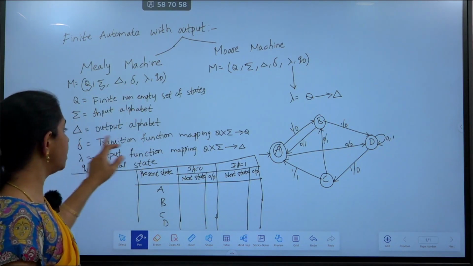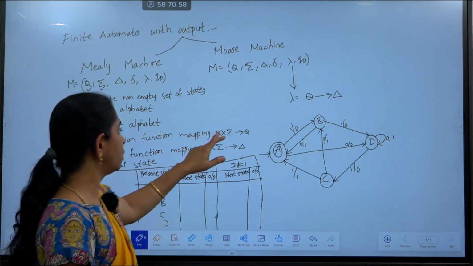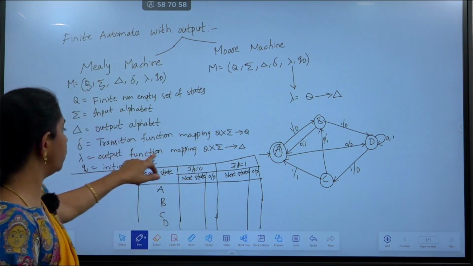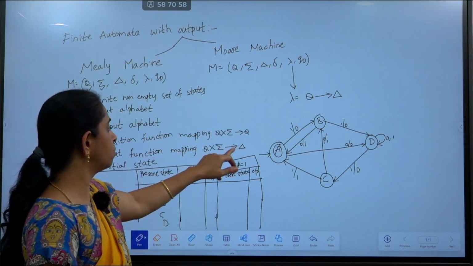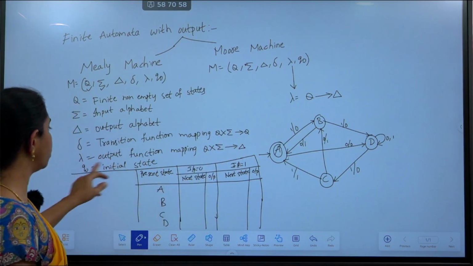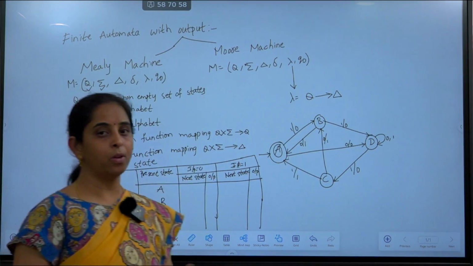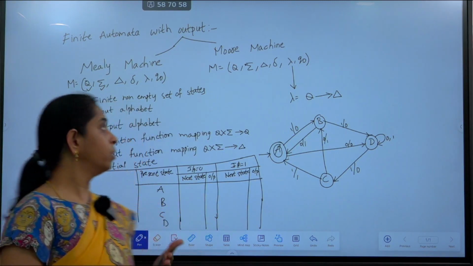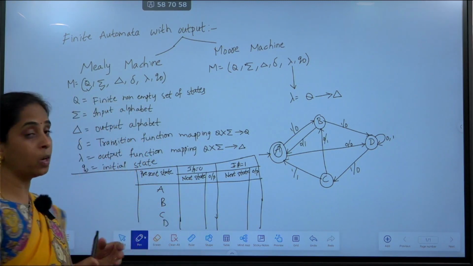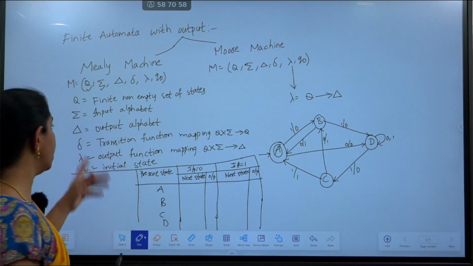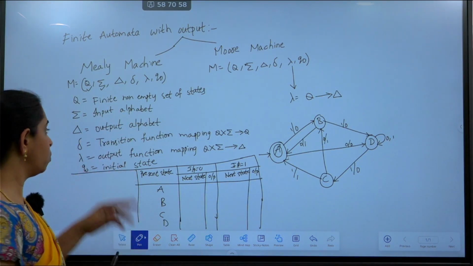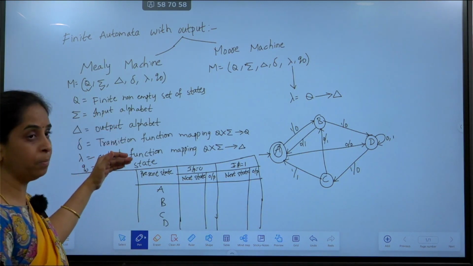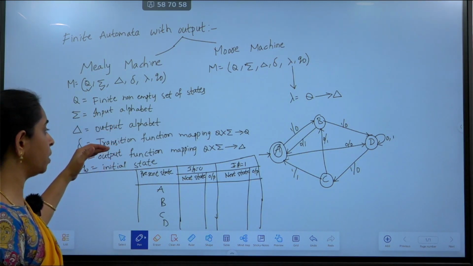Next, gamma is the transition function mapping Q cross sigma to Q, and lambda is the output function mapping Q cross sigma to delta, and Q naught is the initial state. Whereas in the finite automata we have seen 5 tuples, in the finite automata with output we have 6 tuples. Here we have the output alphabet and also the output function mapping, compared with the finite automata.